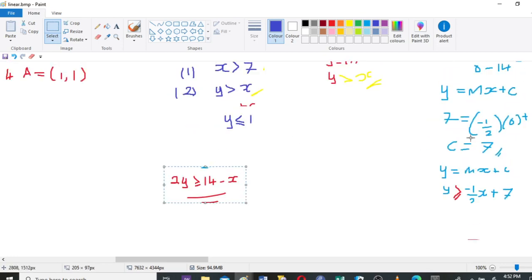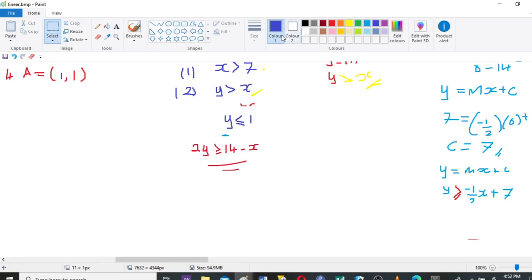This gives us 4 inequalities describing the unshaded region. So this was number 3, and this is number 4. These are the inequalities describing the unshaded region.